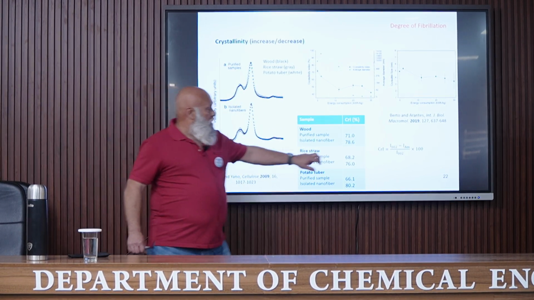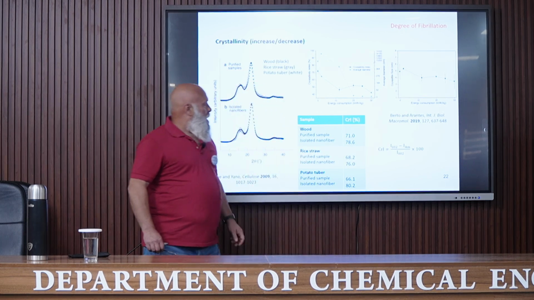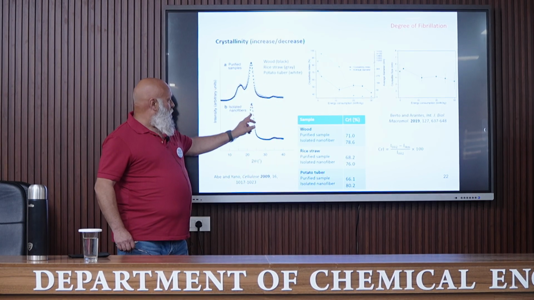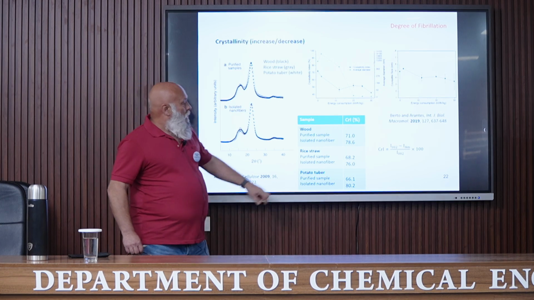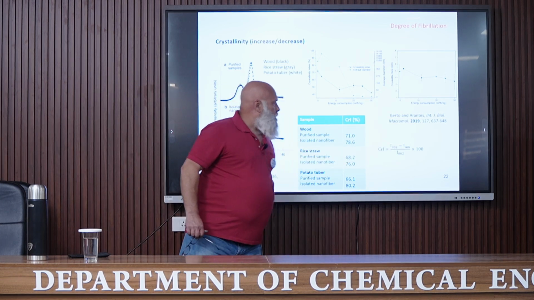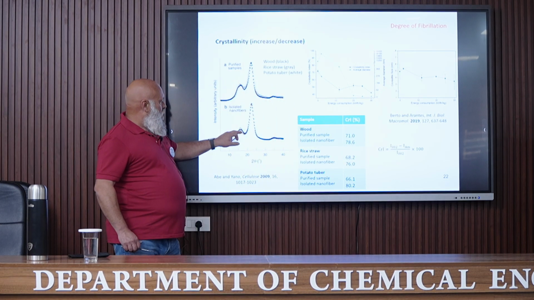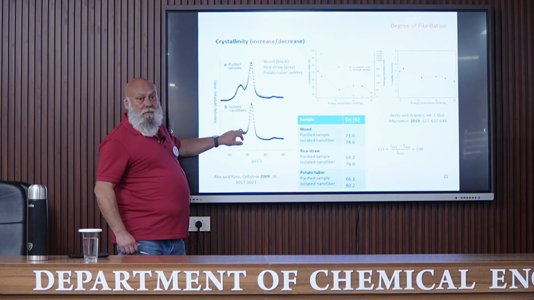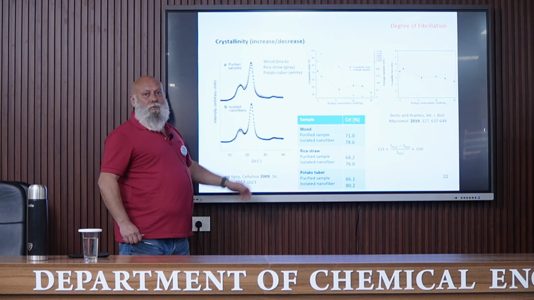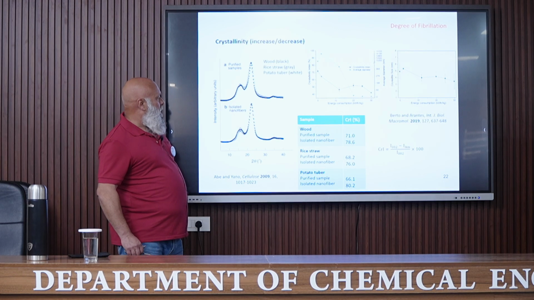This parameter here corresponds to the magnitude of this strong peak here. And the second parameter corresponds to the intensity of the diffraction pattern in this valley here, which is associated with the amorphous part of the material.